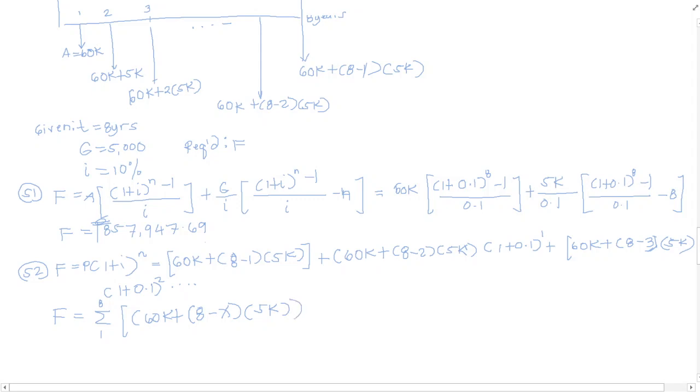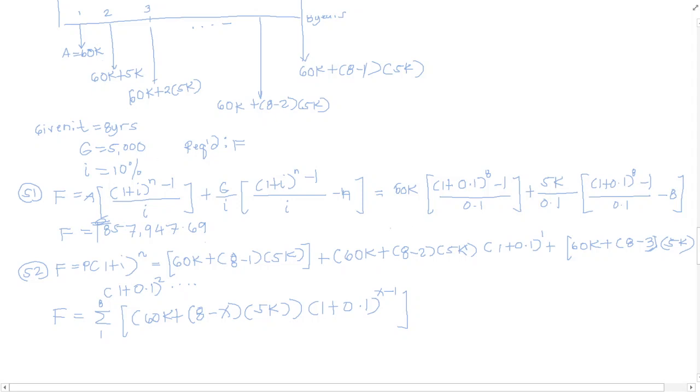That is multiplied also by 1 plus 0.1 using the compound interest, raised to x minus 1. If that is the first year, 1 minus 1 is 0, the start of the year, so that is still 60k.